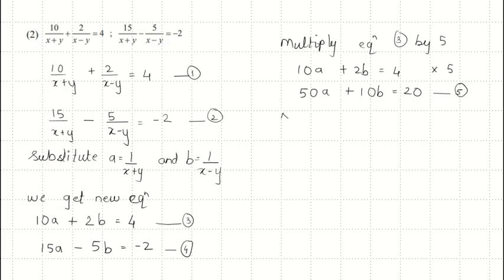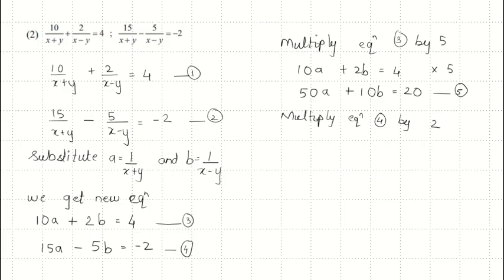Now we will multiply equation number 4 by number 2. Why will we multiply this by 2? Because 5 into 2 will give us 10, which we already have in equation 5.